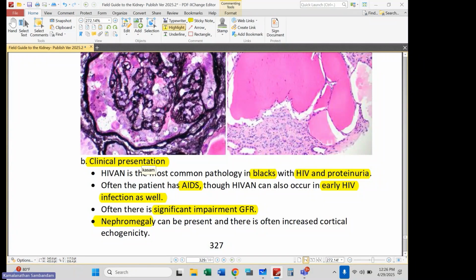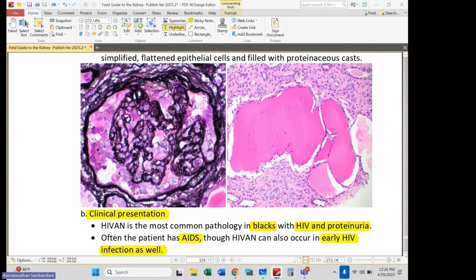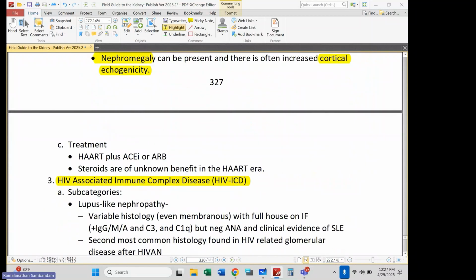Okay. And there is a correlation perhaps between that nephromegaly and the degree of interstitial infiltrate. So there's often an increase in cortical echogenicity as well. Interstitial infiltrate is often a histologic correlate of some of these radiologic findings of increased echogenicity.